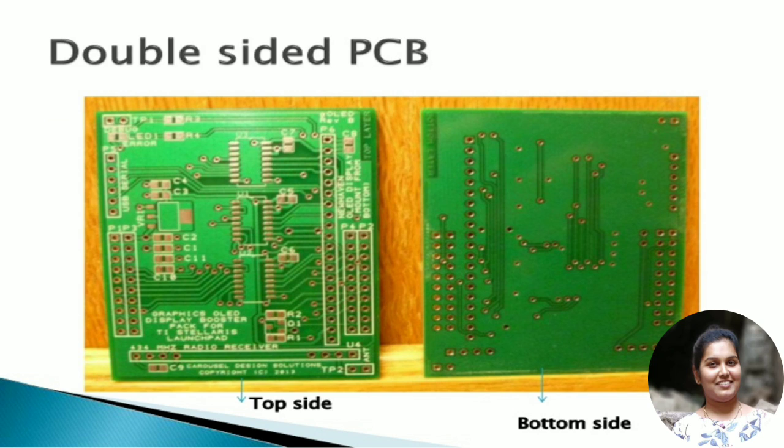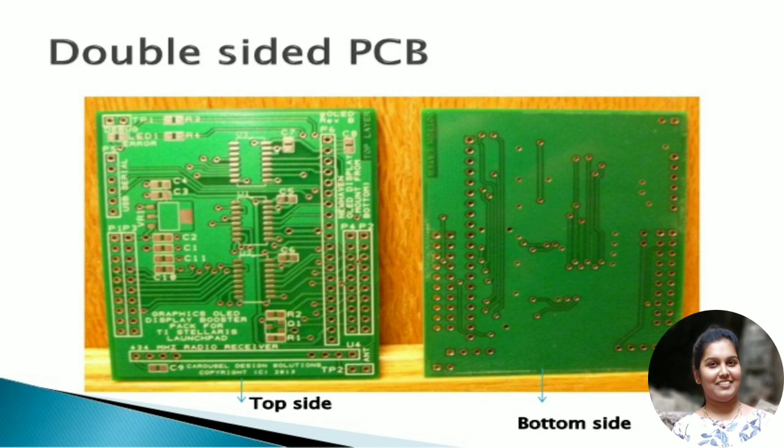Double sided PCBs are similar to single sided PCBs with only one exception: they contain the conducting material, that is copper, on both sides of the substrate material, the insulating base material which is in green color.